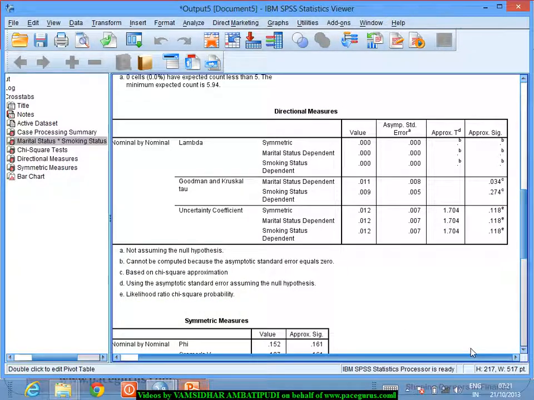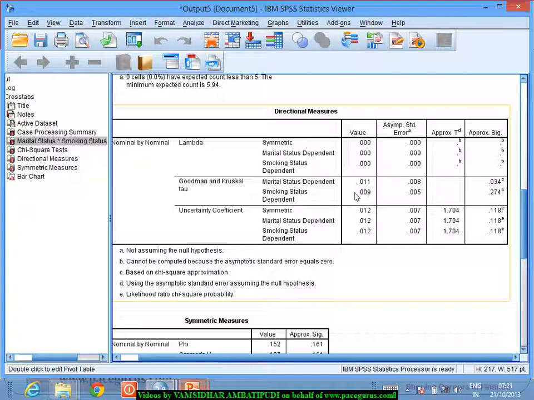So what we see here typically is, look out for the significance levels here also. Almost all of them are greater than 0.05. Only this one is less than 0.05, the smoking status dependent on marital status. So if I come and see, the value is much lesser.